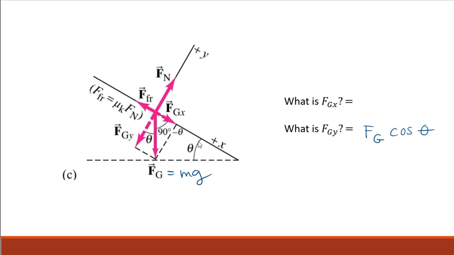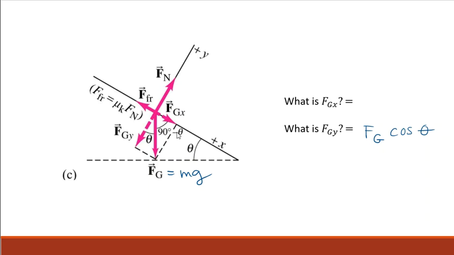So if this is theta, and this is a right angle, then this means this is 90 minus theta, right? So if this is 5 degrees, then this would be 85 degrees. The angles of a triangle all have to equal 180, all right?